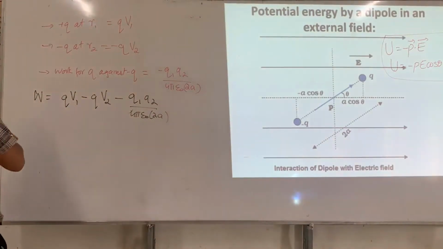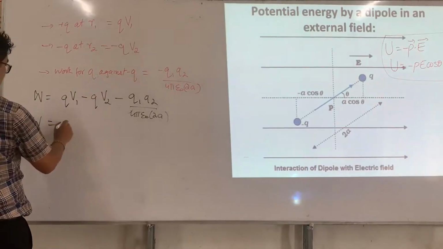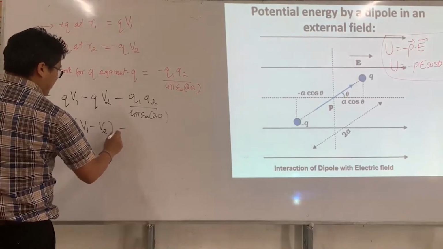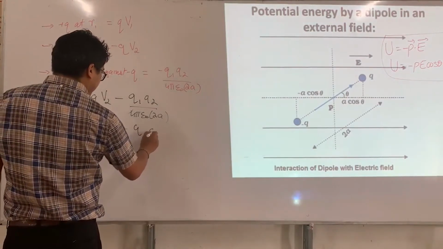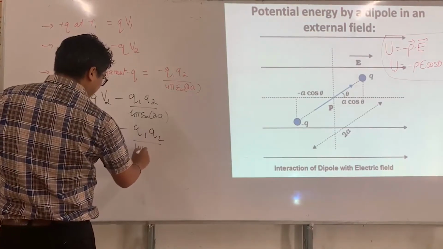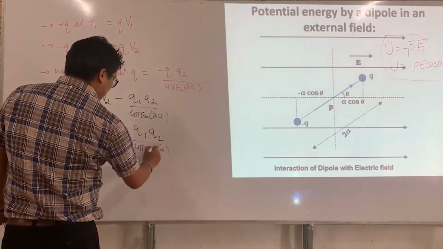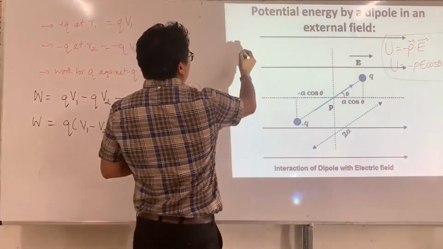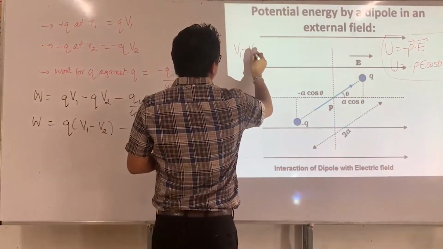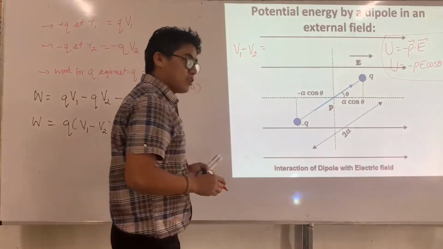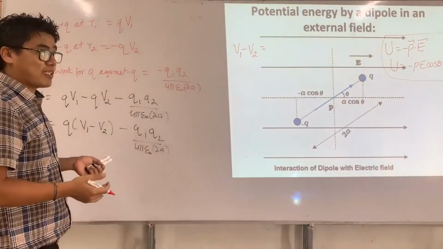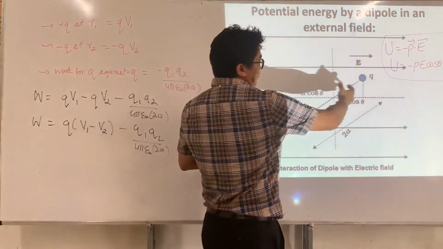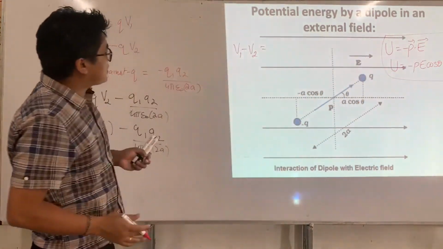Now what is Q1 minus Q2? Q1 is at a smaller potential and Q2 is at a higher potential. We have done that: potential decreases along the electric field and increases in the opposite direction of the electric field.